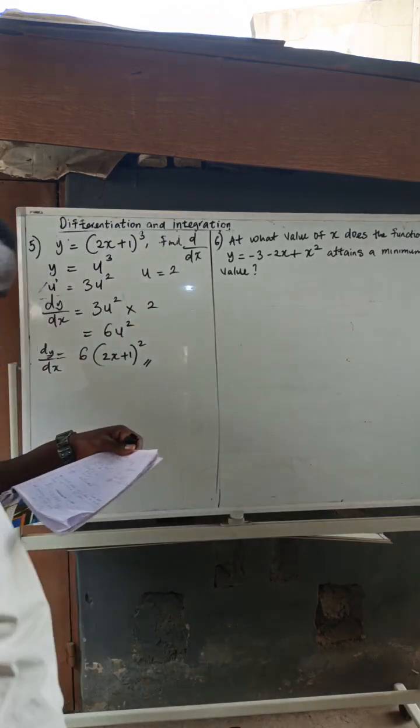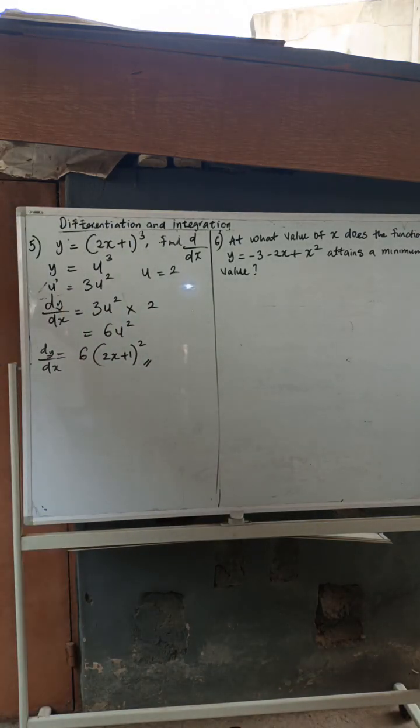At what value of x does the function y is equals to minus 3 minus 2x plus x raised to power 2 attain a minimum value?